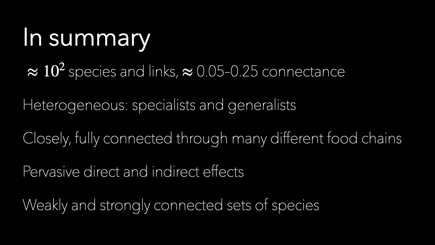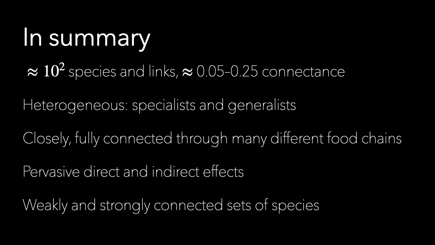So, wrapping up this part, we have learned that food webs have certain recurrent properties. There are these kind of quote-unquote universal laws. Usually they have 10 to the power of 2 species and links, and a connectance within a range between 0.05 and 0.25, 0.3.